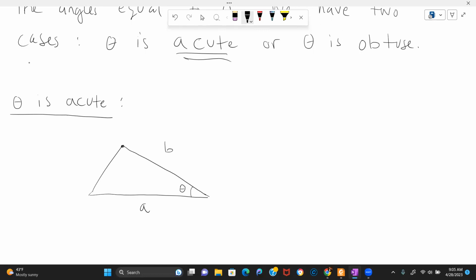So we're going to take this vertex right here, and drop down a perpendicular line. And this will form a right triangle. The perpendicular line segment going through this vertex and perpendicular to the base A will have a length of h, this segment right here.